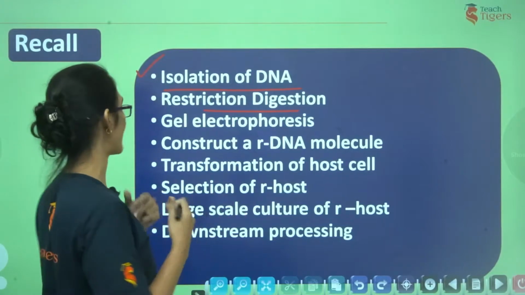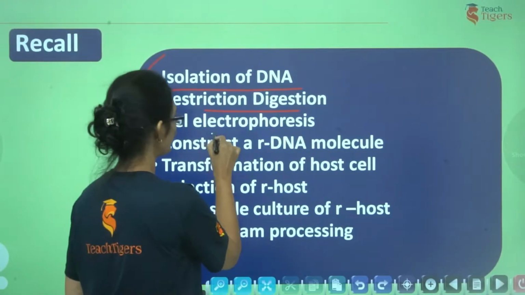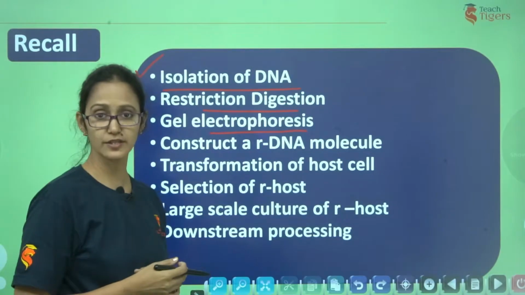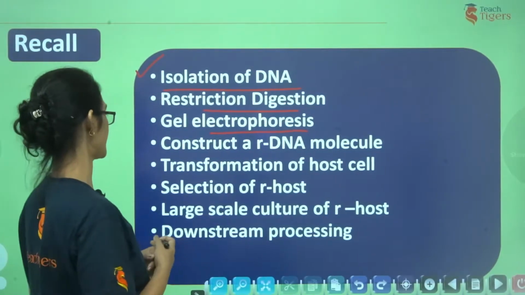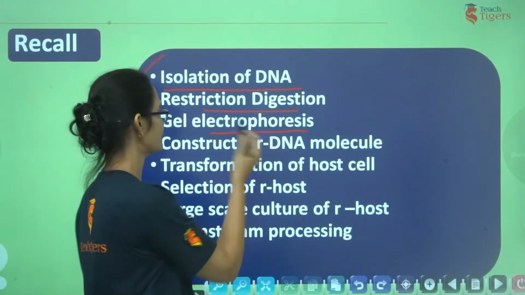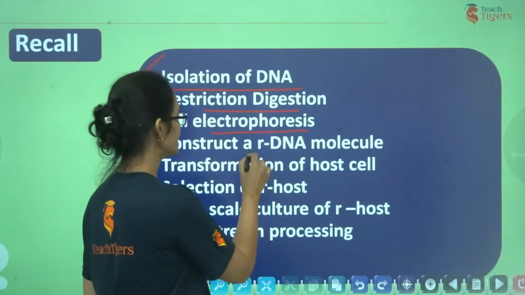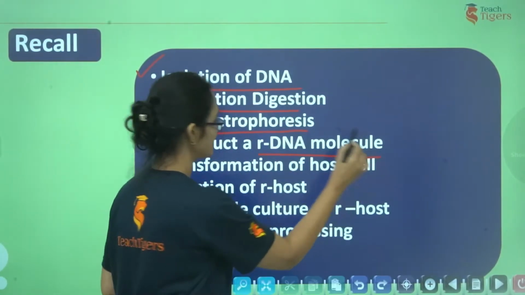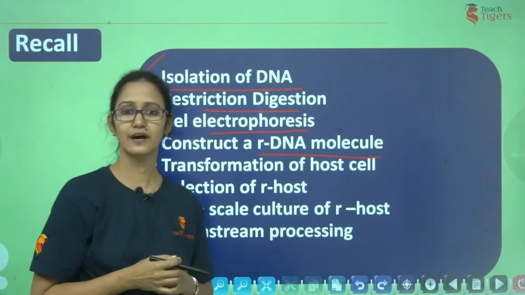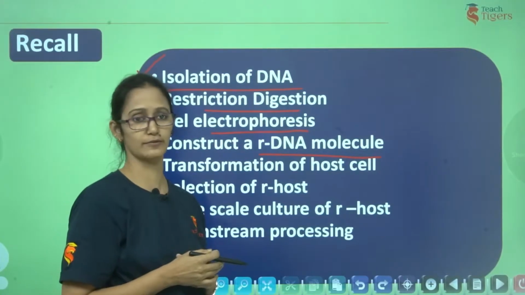Once you get the fragments, you are supposed to separate the fragments based on their size in a process called gel electrophoresis. Once the gel electrophoresis is done, we use the fragment of DNA that contains the desired piece to construct the recombinant DNA molecule.